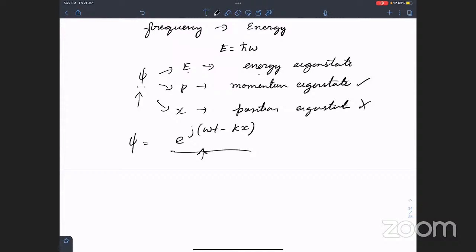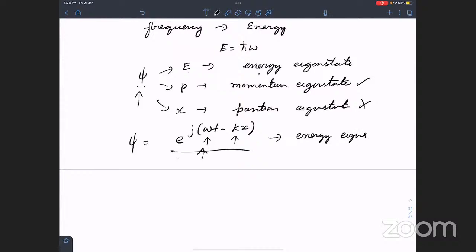Now let us look at it. Clearly it has a frequency, and clearly it has a k number. k is nothing but momentum. So this wave function clearly has a unique value of momentum, and it has a unique value of total energy. So this is clearly an energy eigenstate. It's also a momentum eigenstate. Does it have a position?